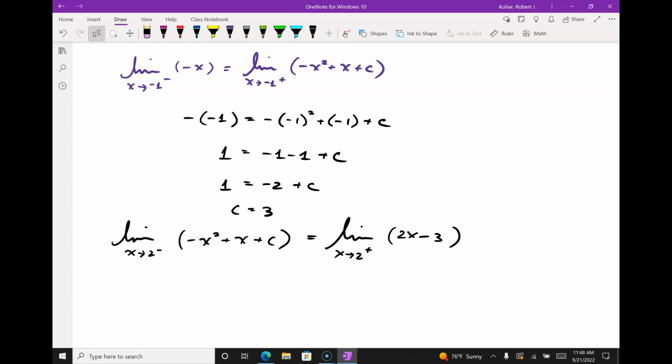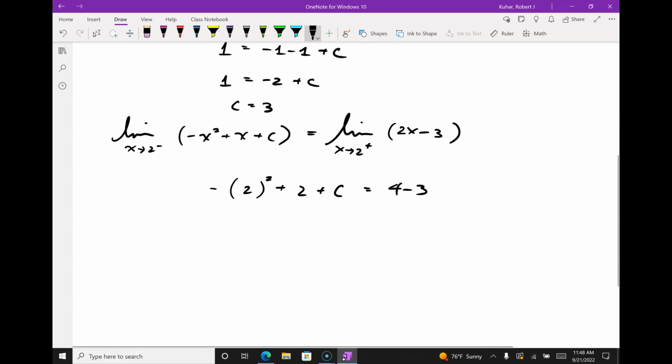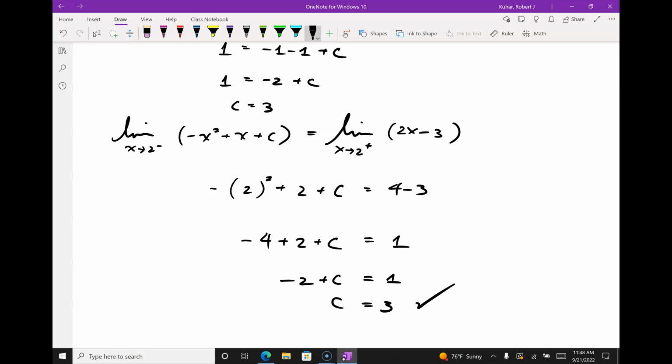Plug in 2 for x. So I get -2² plus 2 plus c equals 4 minus 3. And again, I get c equals 3. It better work out that way.